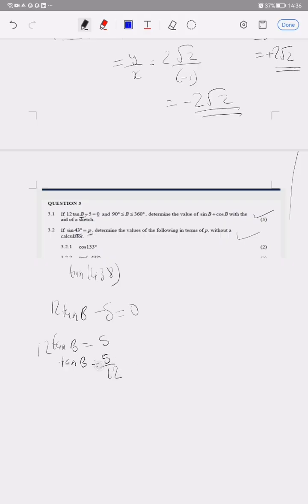I already see my solution is positive. I draw a Cartesian plane. I want where tan is positive, which is the first quadrant and the third quadrant, right? Then they give me a restriction between 90 and 360. Remember, this one is a tick and an arc. So from 90 to 360.